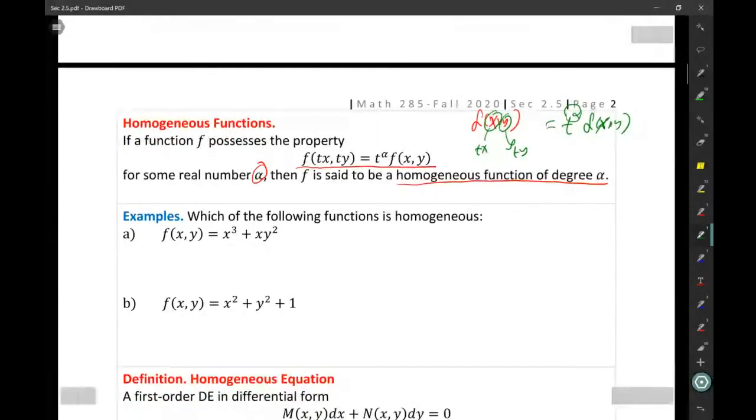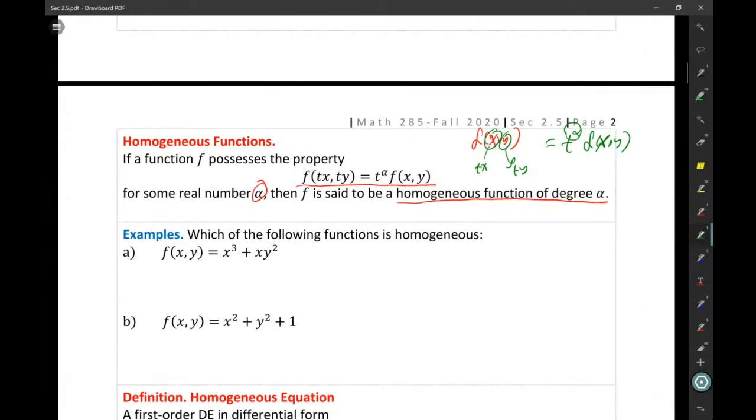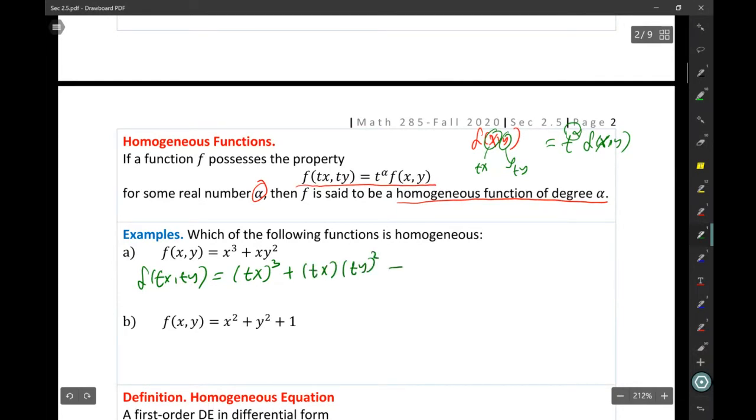Have a look here. بيقول لي which of the following functions is homogeneous. خلينا نشوف الآن. عند الفانكشن f of xy عبارة عن x cube plus x y square. الآن let us see هلا f of tx ty, it means replace each x by tx, that becomes tx to the power 3 plus tx times ty square, which is t to the power 3 x to the power 3 plus tx times t square y square, which is t to the power 3 x cube plus t to the power 3 times x y square.